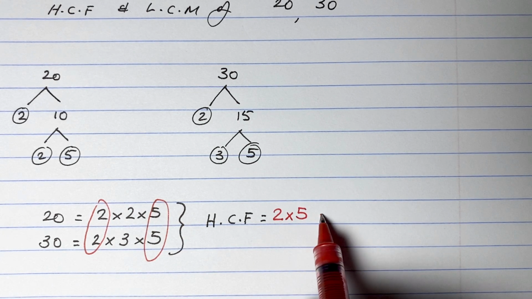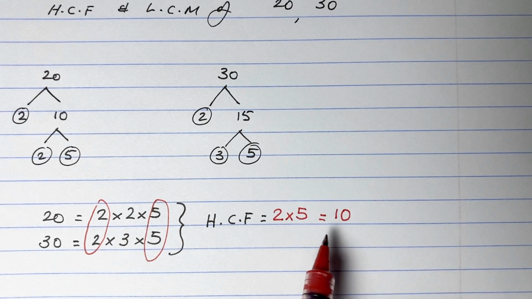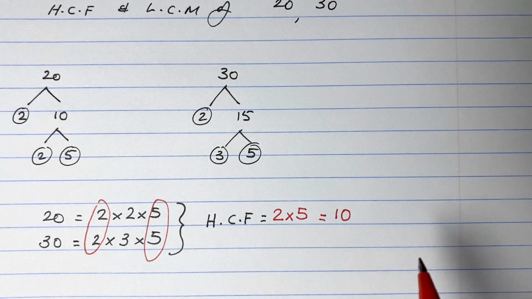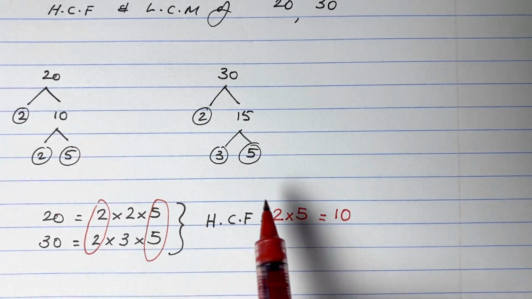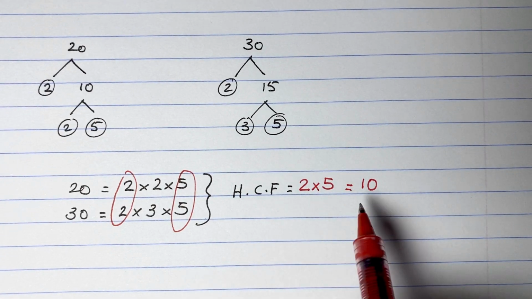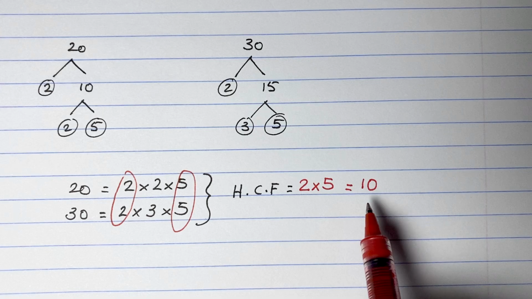So the HCF is 10. It means 10 is the biggest number that 20 and 30 can get divided by. No number bigger than 10 can fit in 20 and 30 at the same time. That is called the highest common factor.